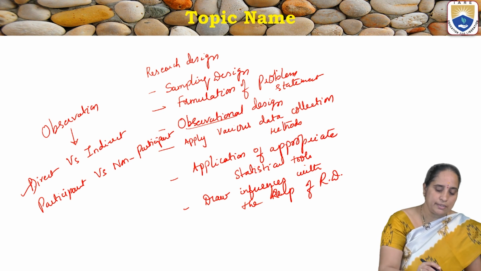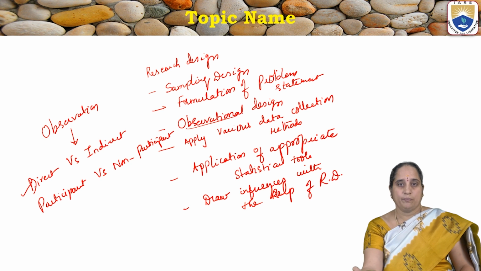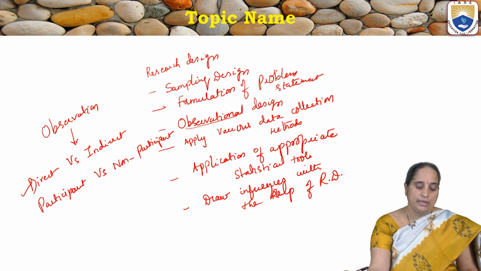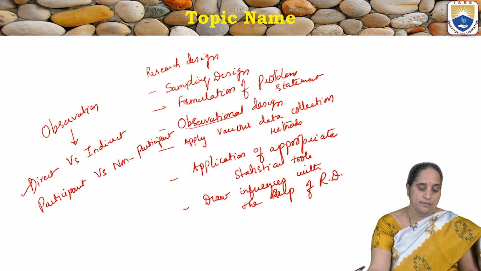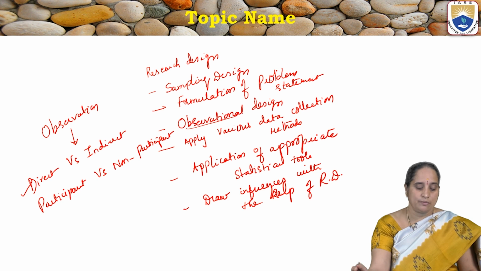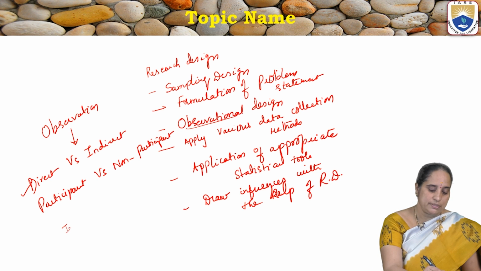In the case of direct observation, sometimes the investigator himself enters the field and interacts directly with the concerned person so that he can get some sort of information. But he never asks any questions; he observes, just being part of the group. Sometimes he observes an individual. For example, interviews.